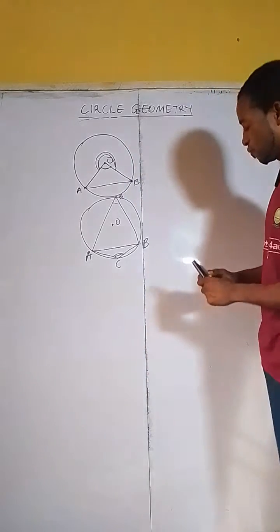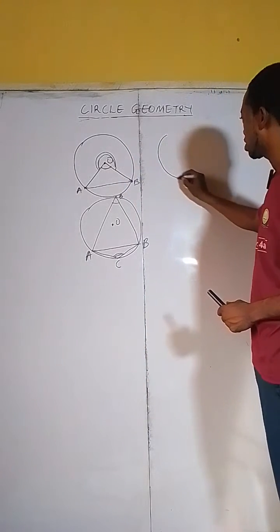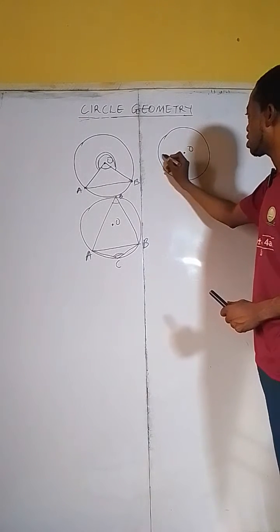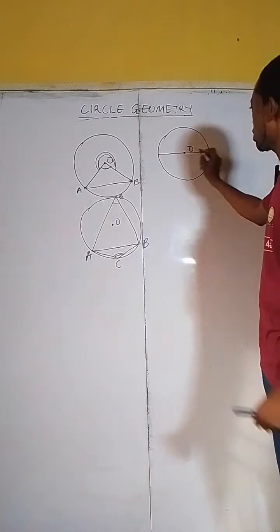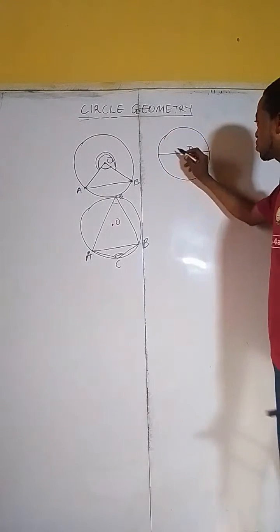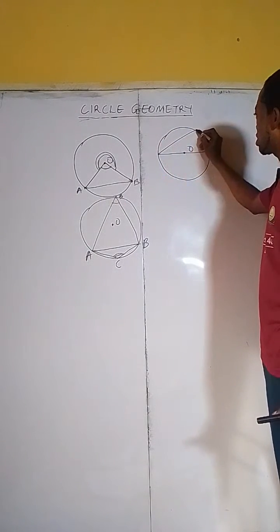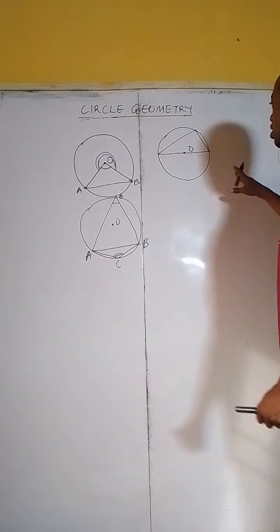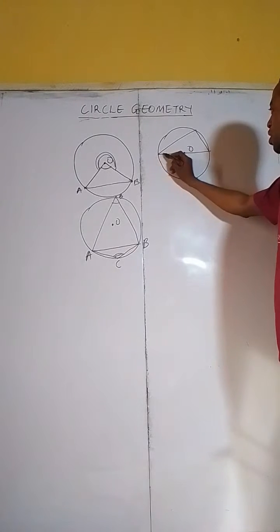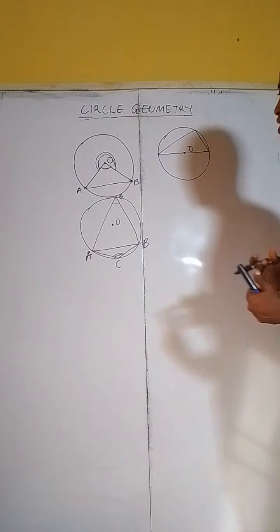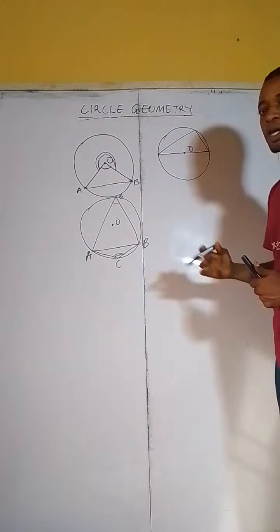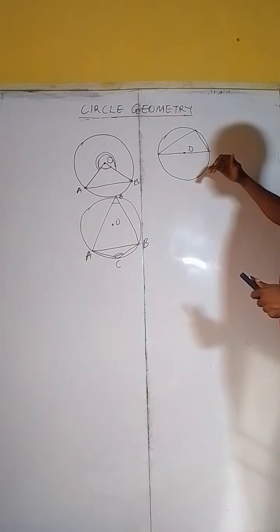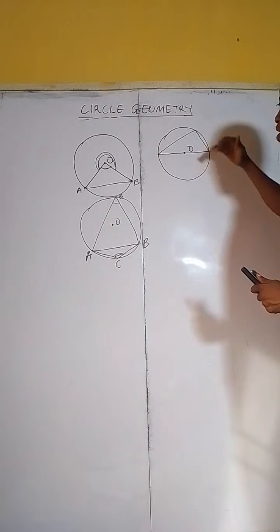And also we have a diameter. A diameter is a line that passes through the center and touches the circumference on both sides. Now, a diameter can also subtend an angle at the circumference, and there is a theorem for this. Because a diameter divides a circle into two equal parts, which means we have a semicircle, half and half.